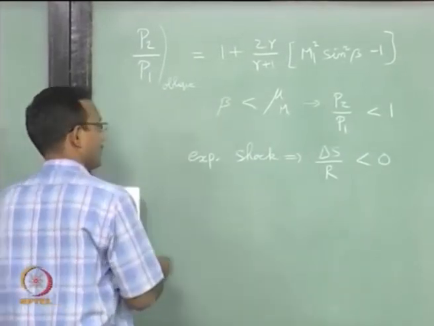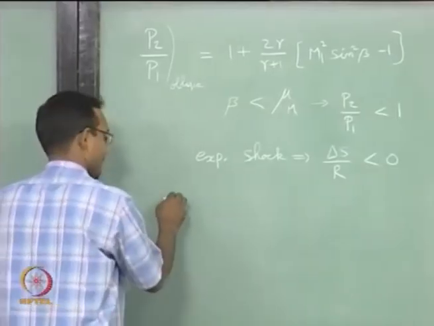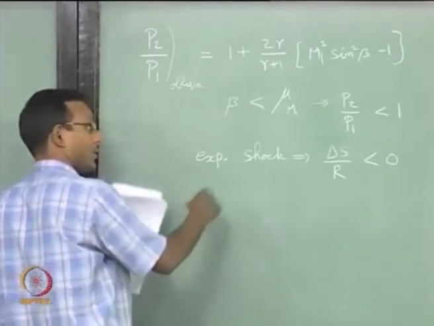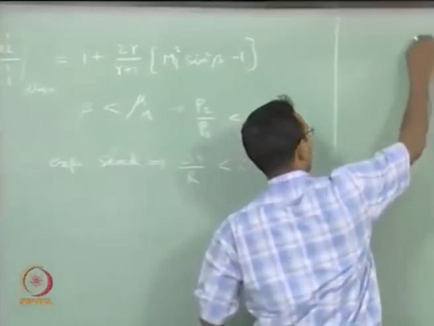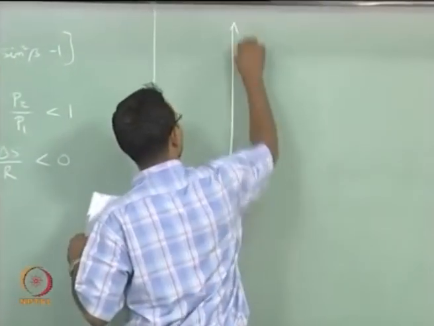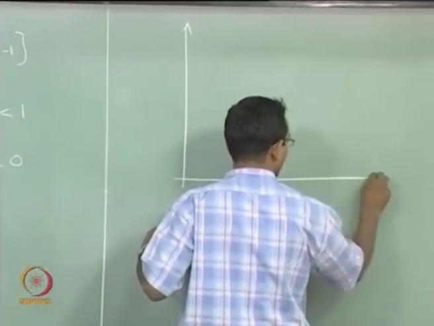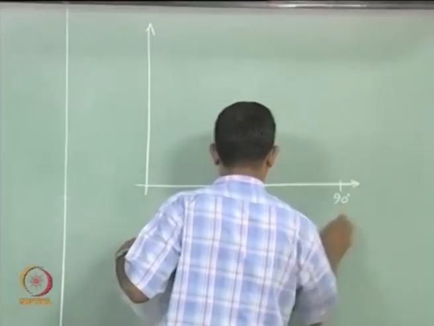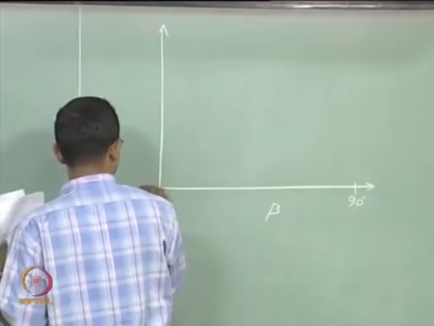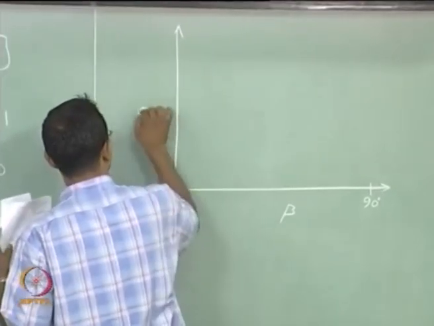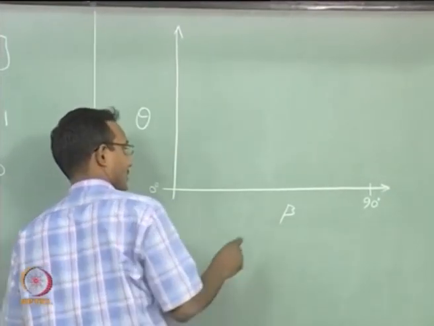So, now we will draw the plot once more. I will draw it on a fresh page, I want to draw it big. These are beta, this is my 90 degrees, and here this is 0 degrees and these are theta. Okay.